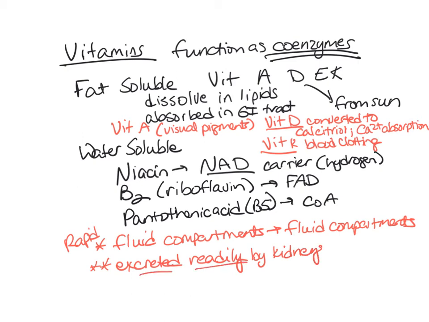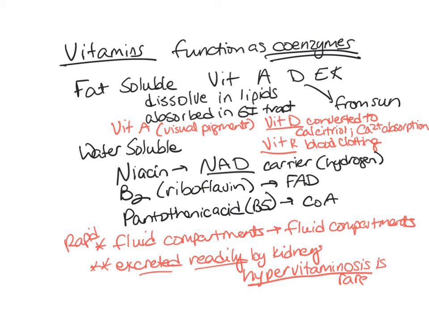Because they're so readily excreted by the kidney, that means that hypervitaminosis is rare. Hypervitaminosis means that you have too many of these vitamins in your blood. And because they're excreted readily by the kidneys, that's not really going to happen.